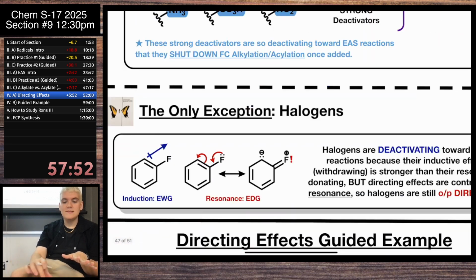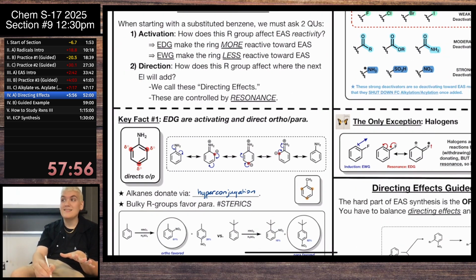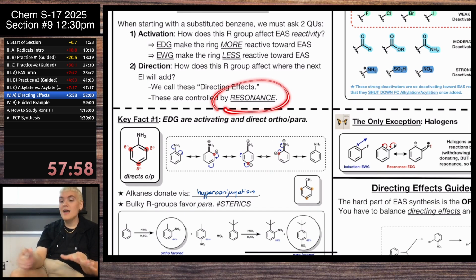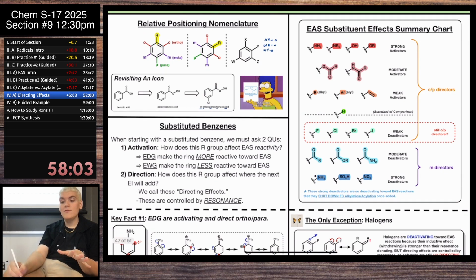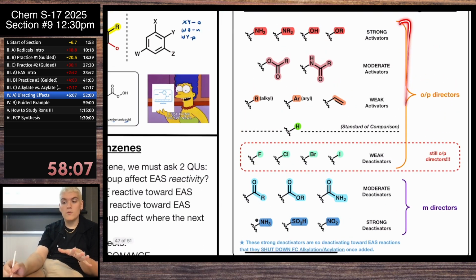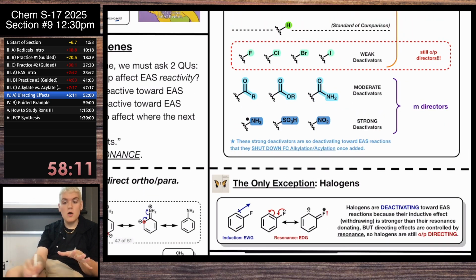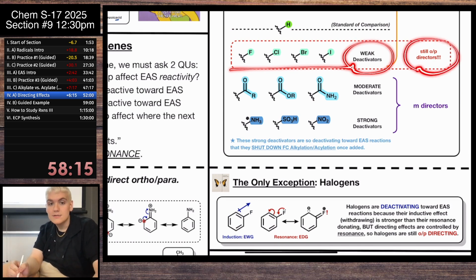our halogens, for directing effects, we said directing effects are controlled by resonance. And so that's why they are the one weird example where normally we have withdrawing groups as meta-directors and donating groups as ortho-para-directors. But this is the one weird example where these are withdrawing, they are weak deactivators, and they are ortho-para-directors.